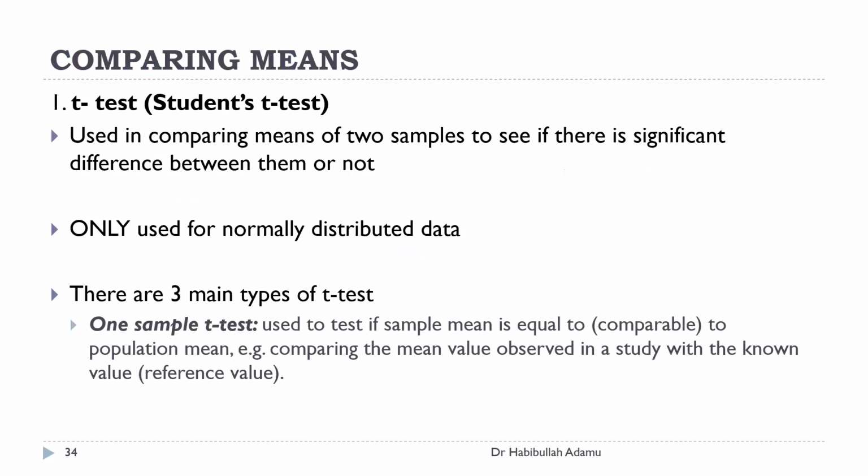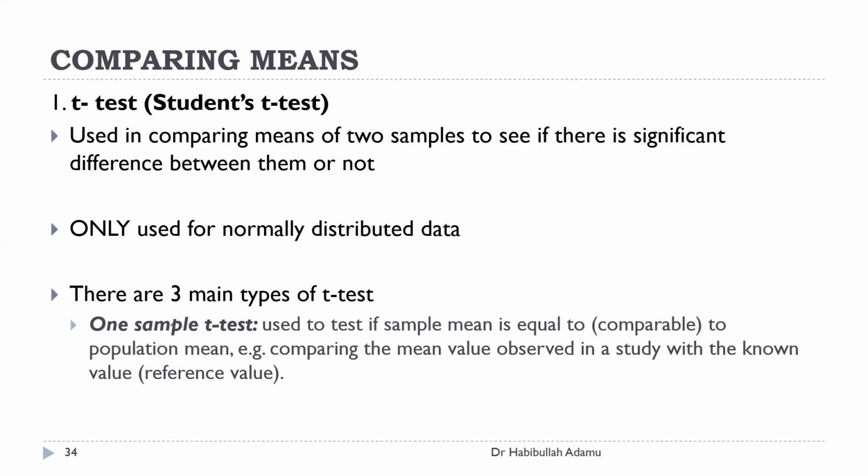For example, maybe as a pediatrician, you carried out a nutritional intervention on a group of children. After taking their weight, you realize that they are malnourished based on weight, and you give them intervention. And now you want to see whether the intervention has worked or not.